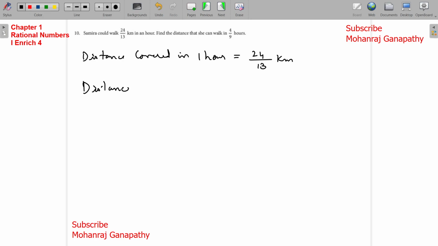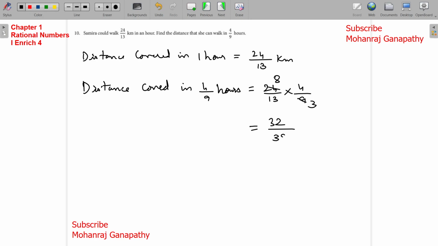Distance covered in 4 by 9 hours is equal to 24 by 13 into 4 by 9. 3 3s are 9, 8s are 24. 8 4s are 32 by 39 kilometers. 32 by 39 kilometers is covered in 4 by 9 hours.